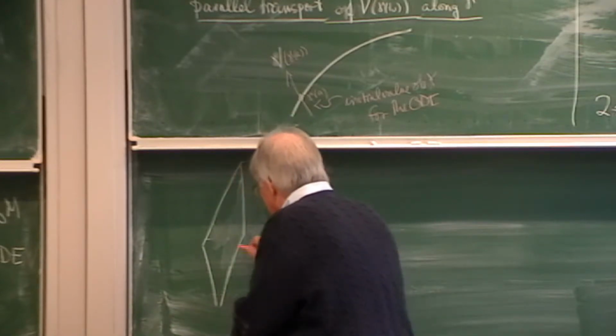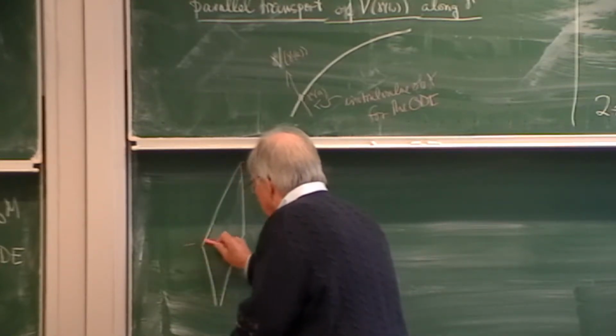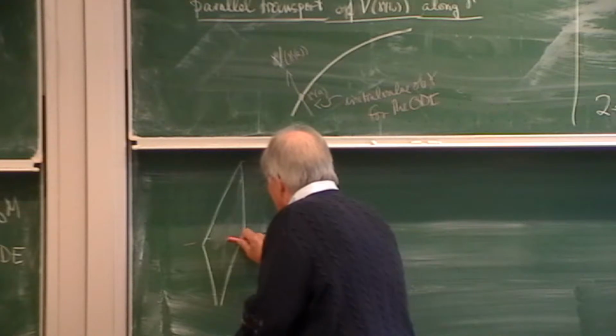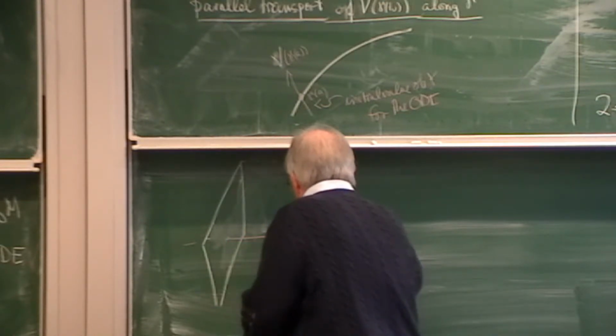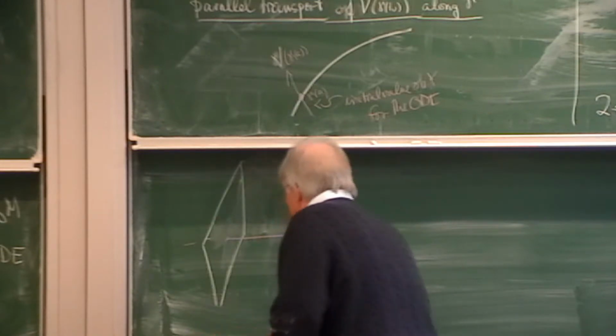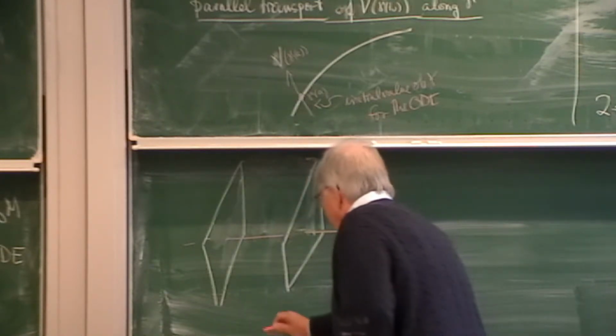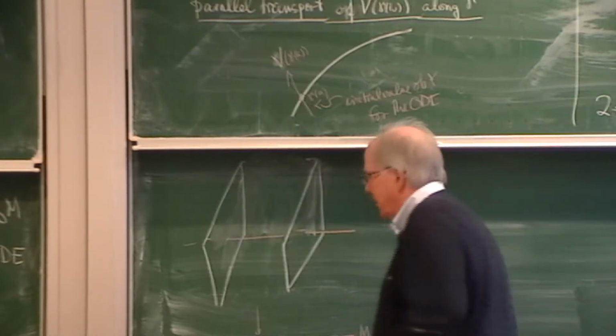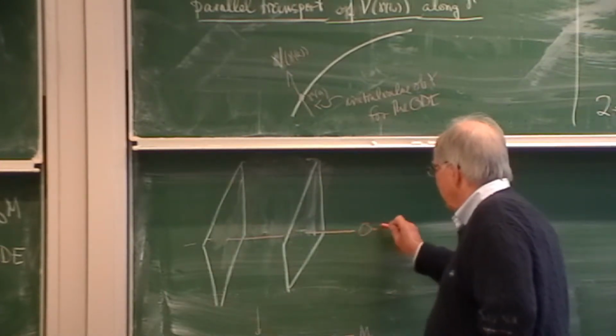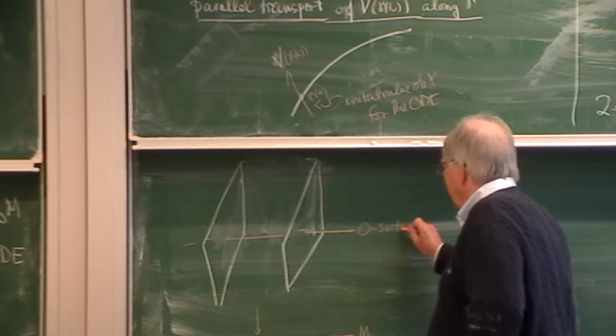Ah, yeah. Now the color helps, doesn't it? So here we go with the 0 section. M, okay, and this is the 0 section of the tangent bundle.